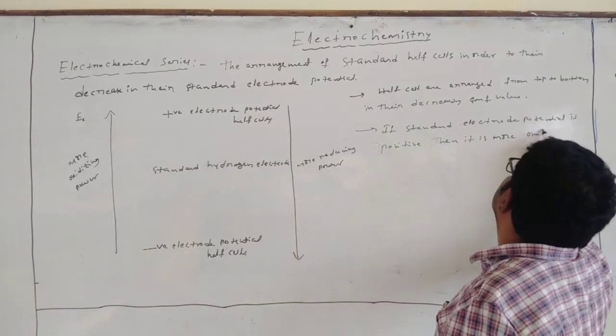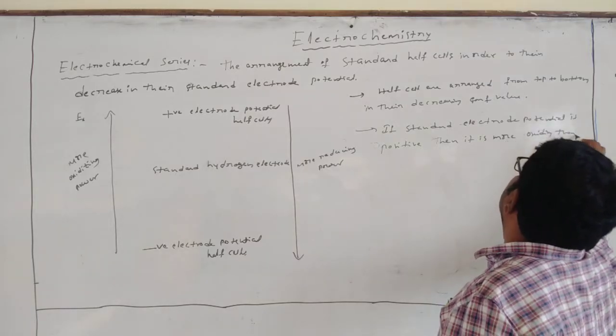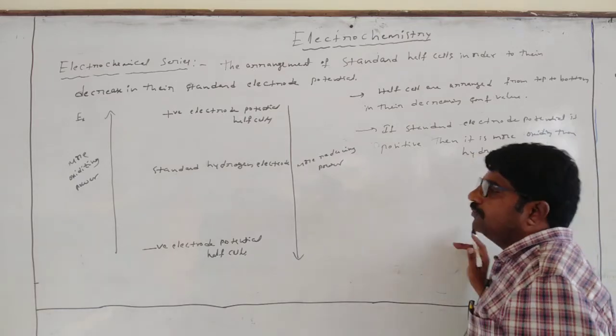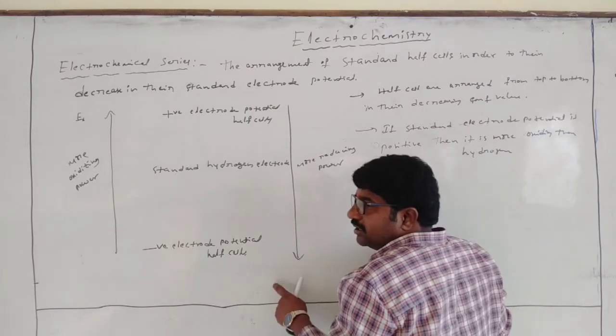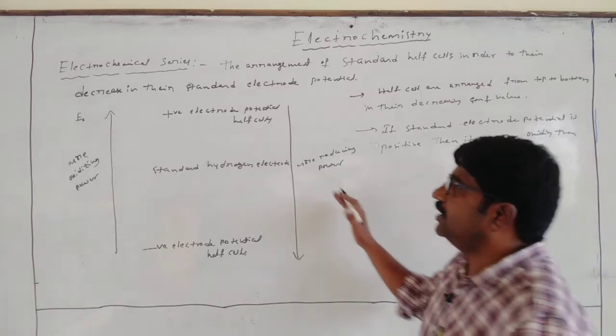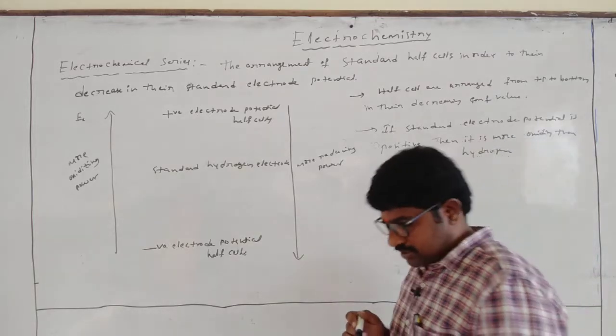If the negative value increases, it means more reducing power. That is about the electrochemical series.